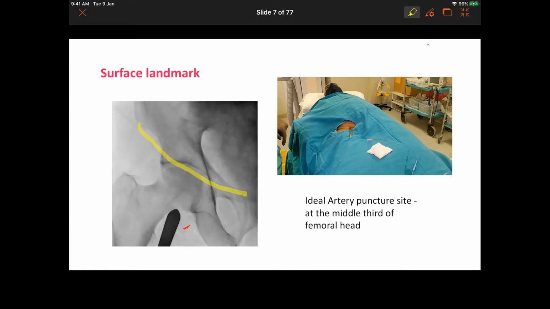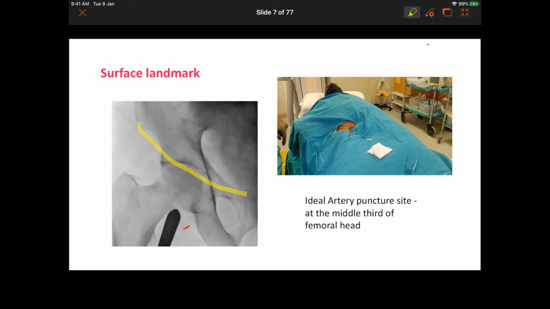So your inguinal ligament will be lying like that. The most routinely practiced technique for any experienced interventional cardiologist is that they feel for the inguinal ligament with their fingers, and usually two fingers below is the spot where the inferior border of the head of femur will lie.